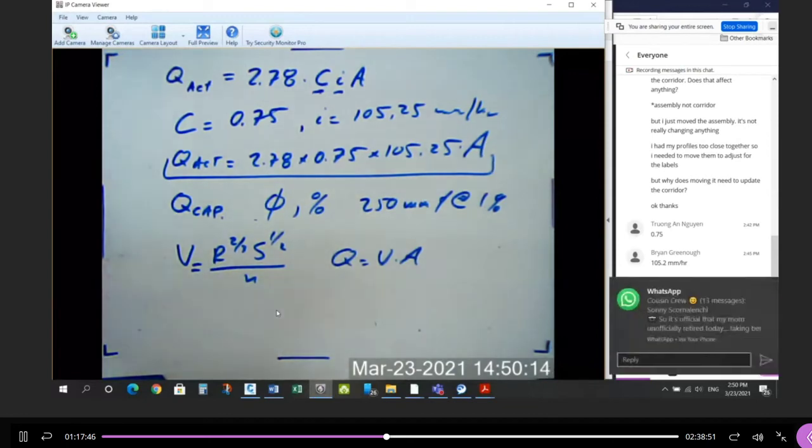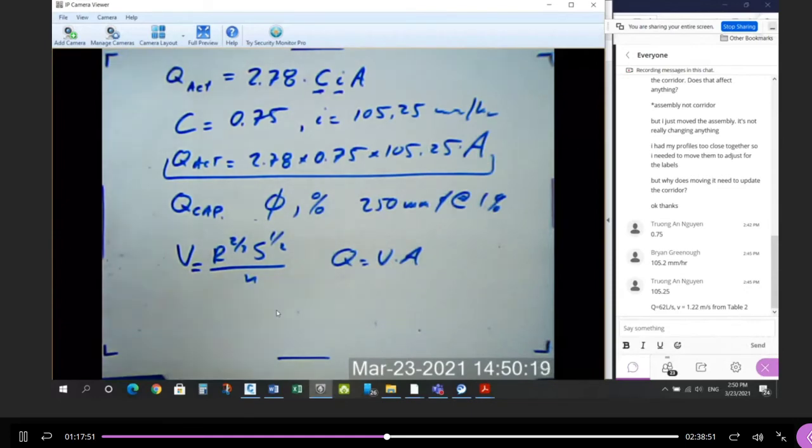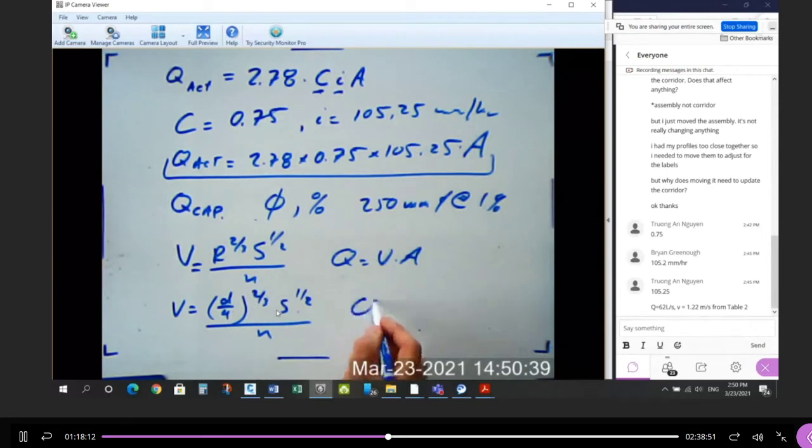So if you recalculate these based on a circular pipe, you'll get V is equal to the diameter over 4 to the 2/3 S to the 1/2 divided by N. And then if you multiply that by the area of a circle, you'll get Q is equal to V times the end area of a circle.